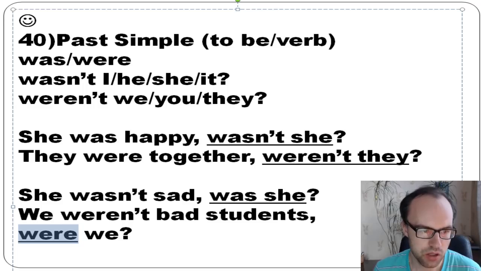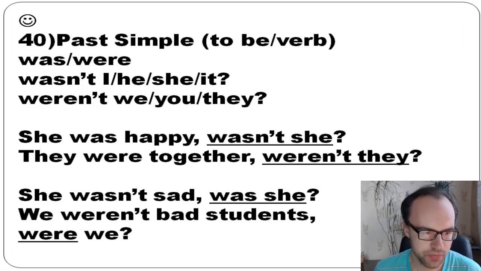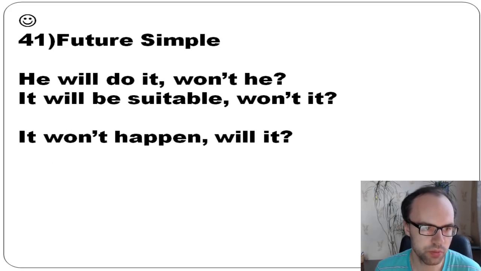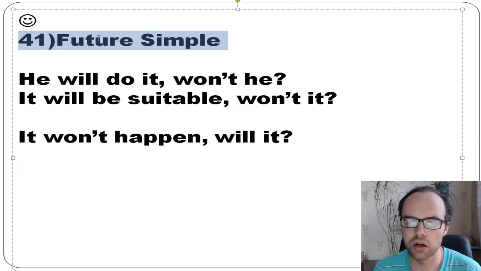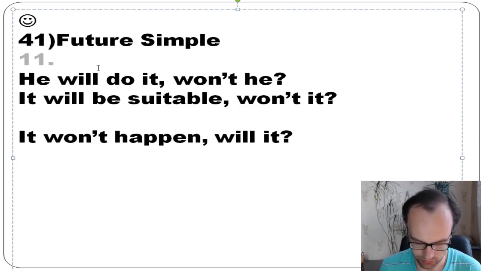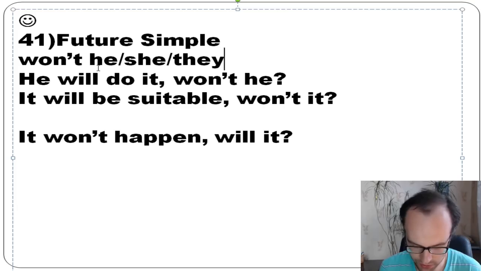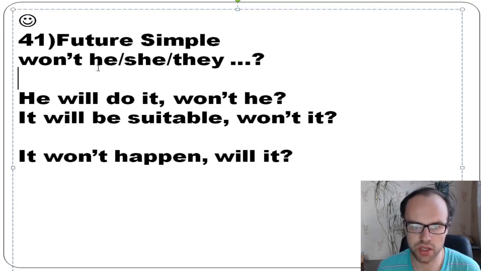Good. Well, let's talk about future simple first, okay? So future simple. Well, we ask won't. So we use tag questions with the help of won't. So won't he, won't she, or won't they, and so on, okay?